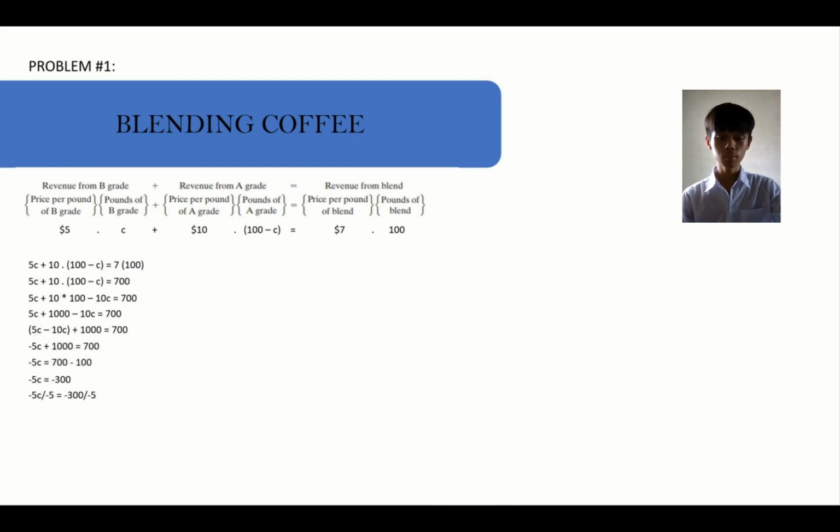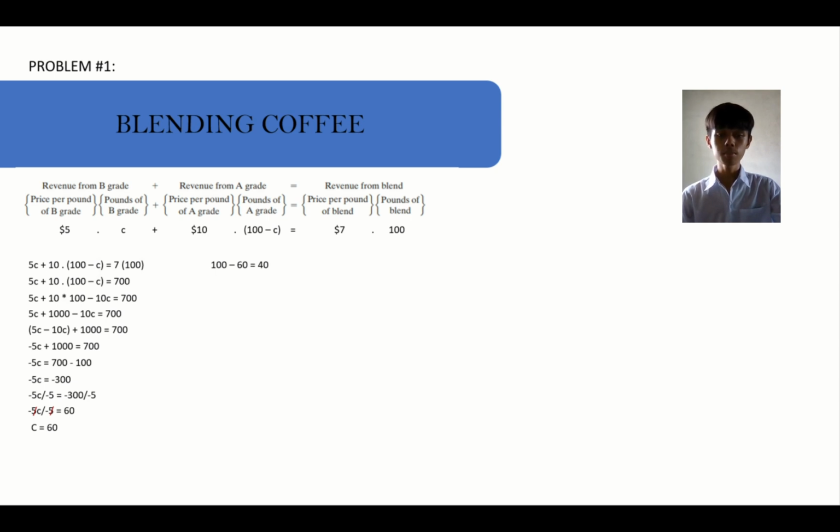Cancel negative 5 and divide negative 300 over negative 5. So the answer is C equals 60. The manager should blend 60 pounds of B-grade Colombian coffee with 100 minus 60 equals 40 pounds of A-grade Arabica coffee in the desired blend.